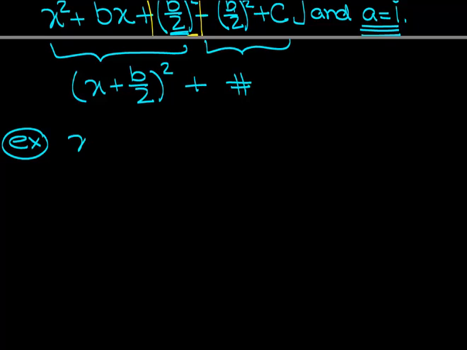So let's say you have x squared minus 6x plus 1 is equal to 0.